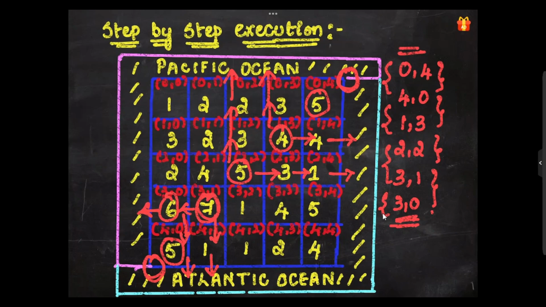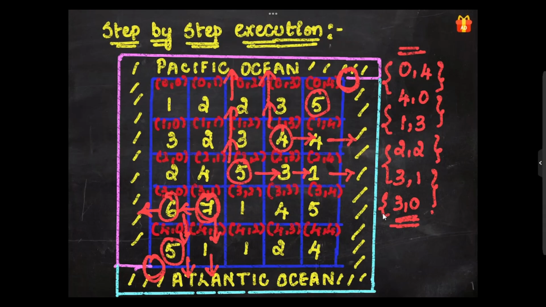These are the cells which can flow both into the Pacific Ocean as well as the Atlantic Ocean, according to the condition given in the question. So I hope this is completely clear and easy to understand.